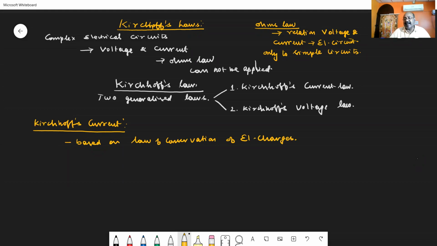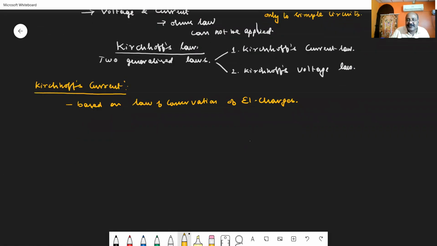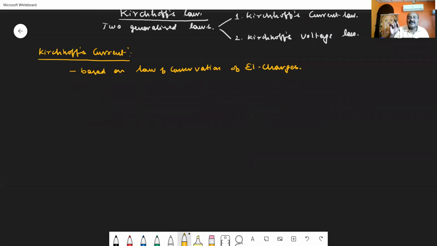In the previous lesson, we studied that charges can neither be created nor destroyed, but can be transferred from one material to another in equal amounts. The total charge in an isolated system is a constant. Based on this, Kirchhoff's current law is available.